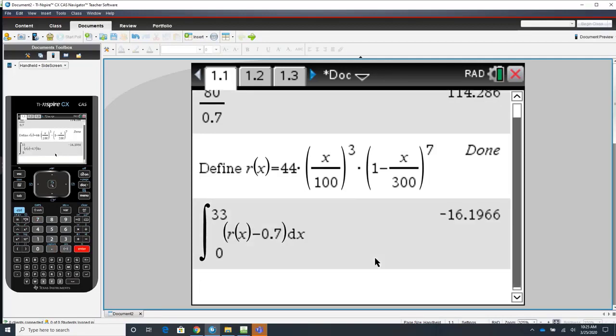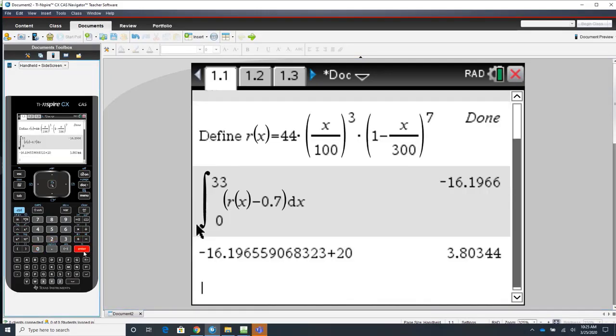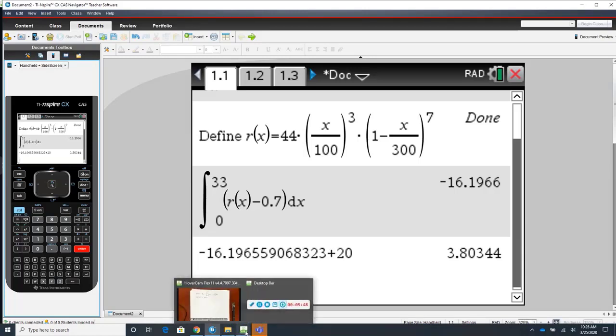So this is negative 16.1966. To this integral I need to add 20, such that I can figure out exactly the number of people at time t equals 33. And the problem says that I have to round to the nearest whole number. So going back to my notes, it means that I have to round to what?